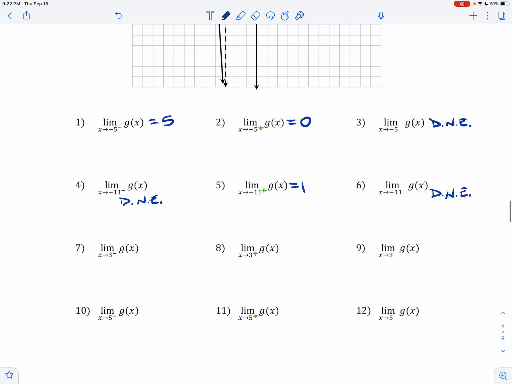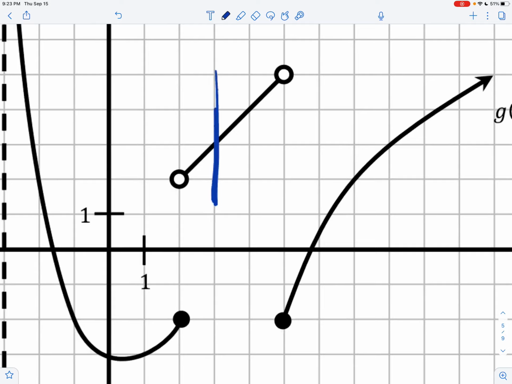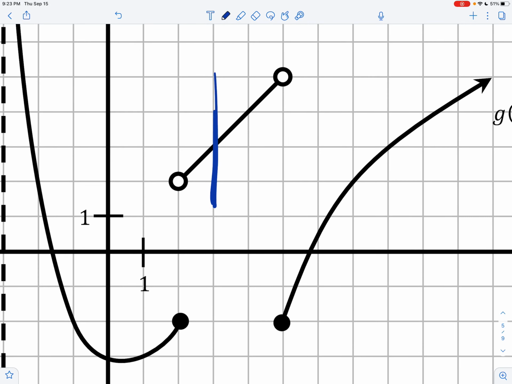Let's approach a value of 3. Here's 3, somewhere along that. And there's the curve itself. We can run along it this way. We can run along it this way. From the left, that's this one, we are honing in on a y value of 3. From the right, we are honing in on a y value of 3.